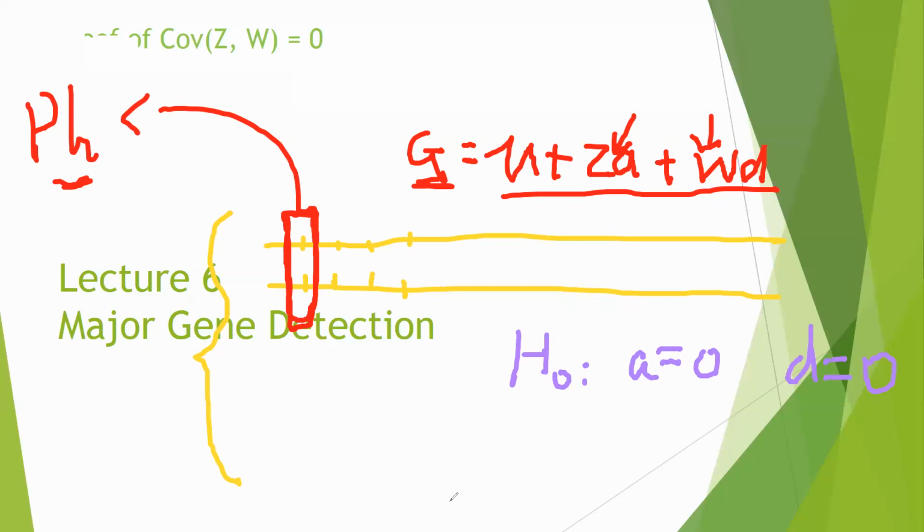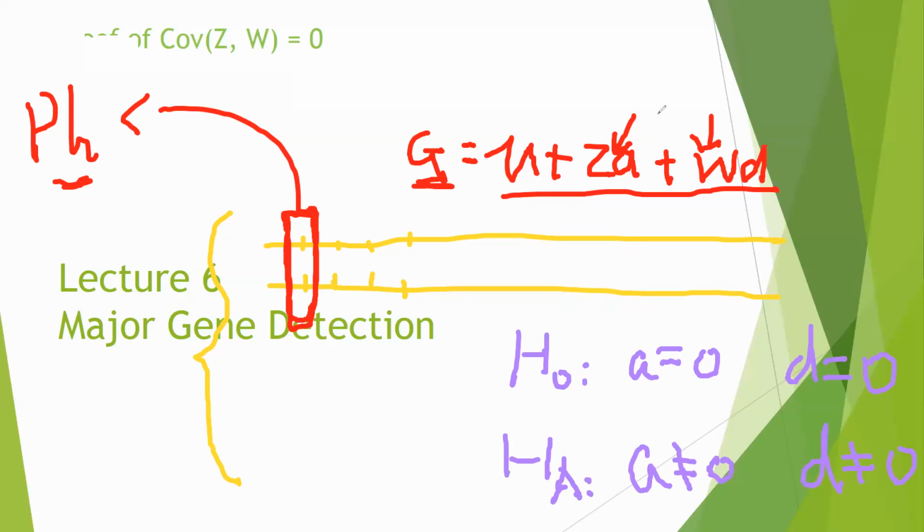Do you agree with me? Yeah. Okay, then the alternative hypothesis is what? If your data does not support your null hypothesis, you're going to reject it. And the alternative hypothesis means either the additive effect at this locus is not equal to 0, or the dominance effect is not equal to 0.